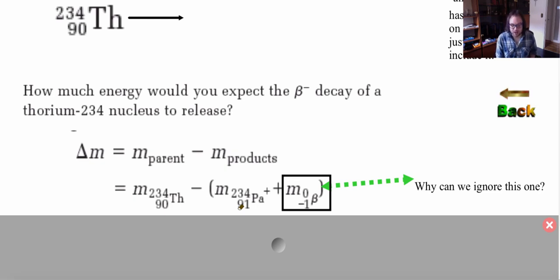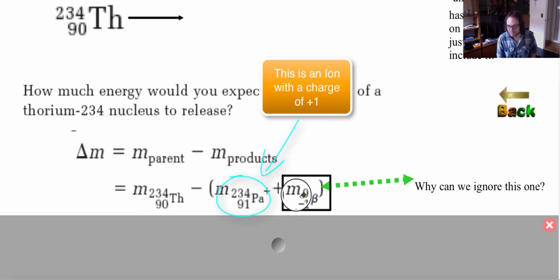So if we remember, a neutron from thorium converted into a proton, and then it releases an electron. Well, this released electron is kind of included in this protactinium because it is an atom, not an ion. Do we kind of get that?